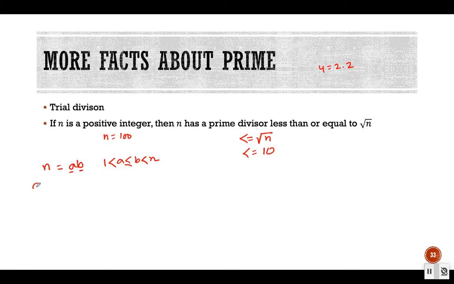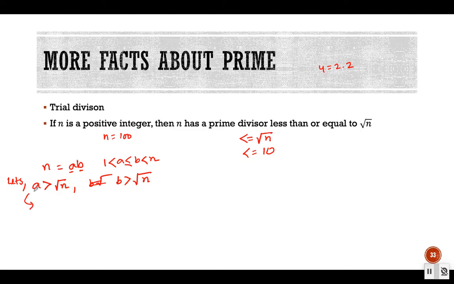Let's assume that a is greater than the square root of n, and b is greater than the square root of n.